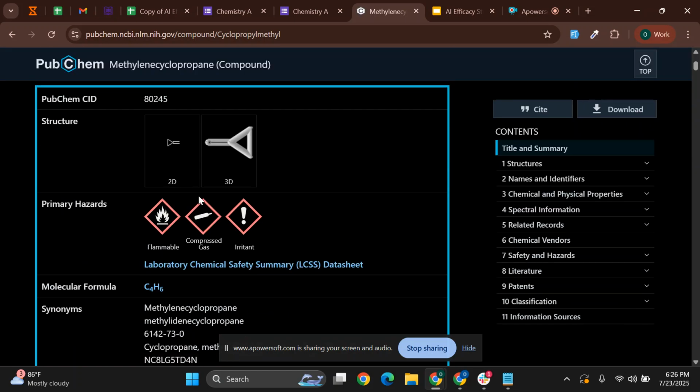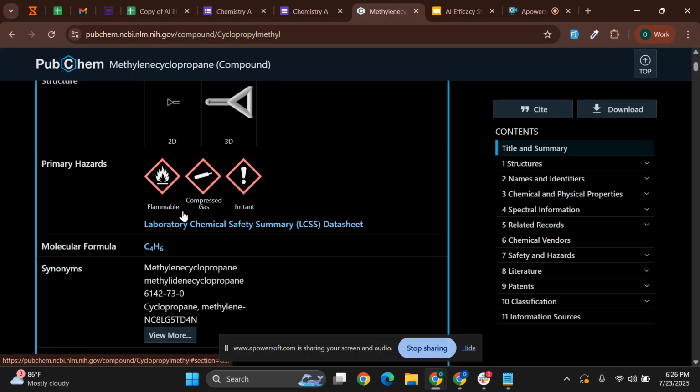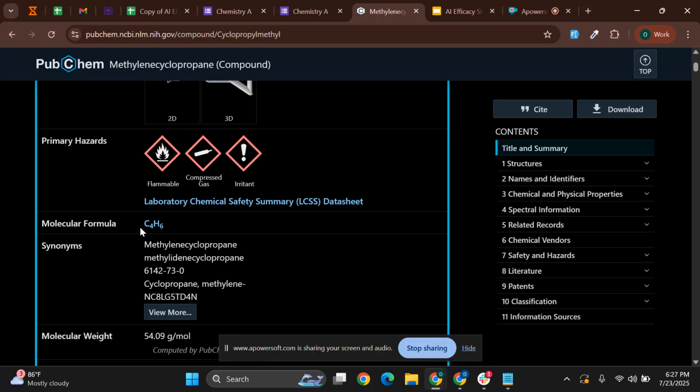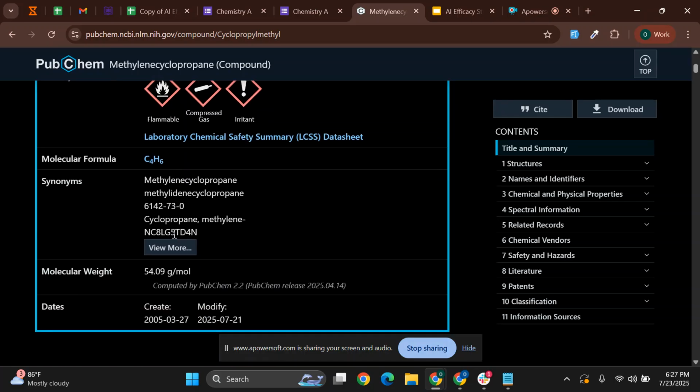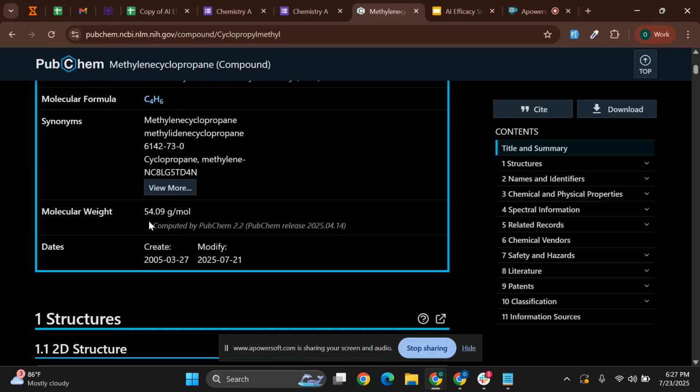Okay. So primary has flammables, compressed gas, irritants, molecular formula C4H6, and molecular weight 540.09 grams per mole.